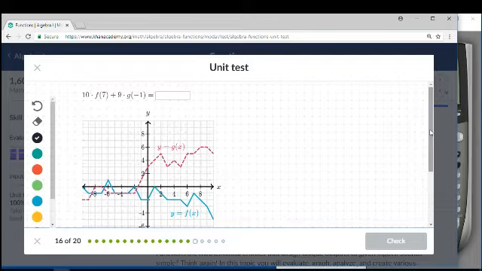All right. Here, when x is 7, f of x is negative 1. And then when x is negative 1, g of x is 4.